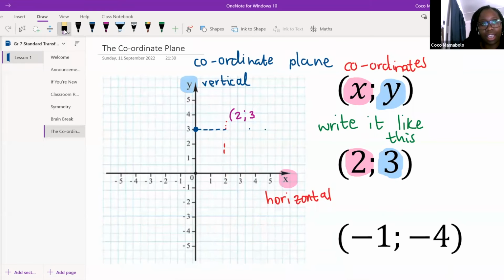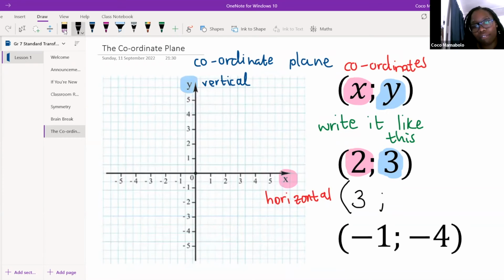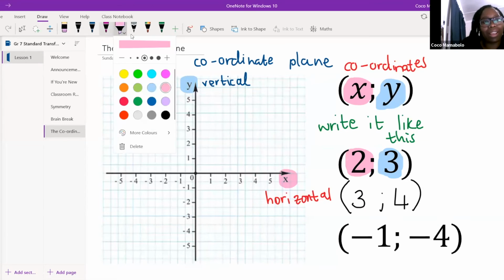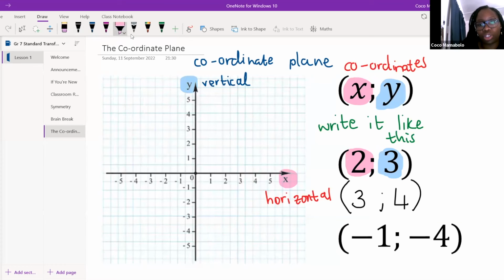If I asked you for 3; 4 in brackets, what does my 3 represent? Where am I going to find my 3? On which line, my X line or my Y line? Tell me in the chat. Excellent, Karabo.